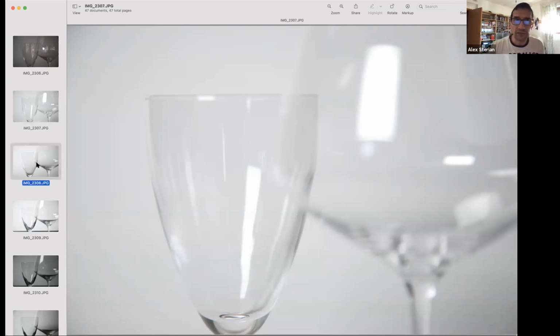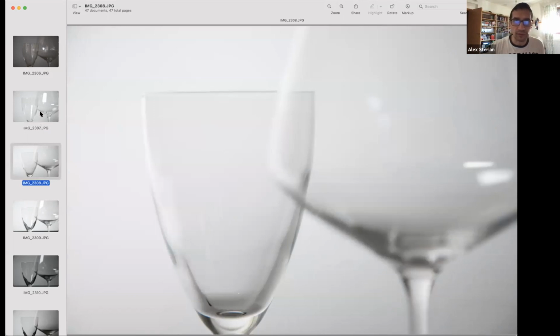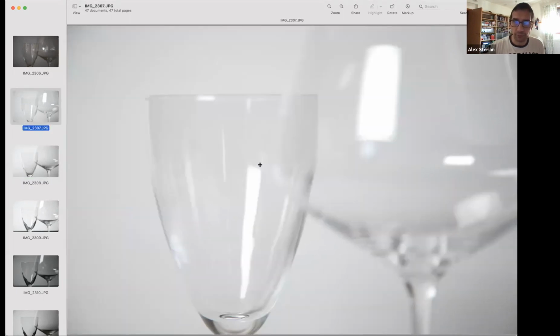So the differences between those two are because the light is not aimed at the object itself, like here, and you see the structure of the light source reflected in this glass and in this glass, and it looks different because of the shape of the glass: the curve here is narrower, here it's a little wider. That's why the light source looks a little wider here and narrower here.